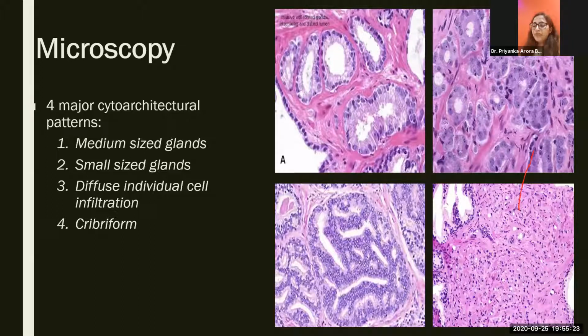It starts from a score of 1 to 5. Every pattern is given a score of 1 to 5. Usually when you have resected specimens, the two scores that you choose are of the two most common patterns. This is again an important thing coming up, so please pay attention.